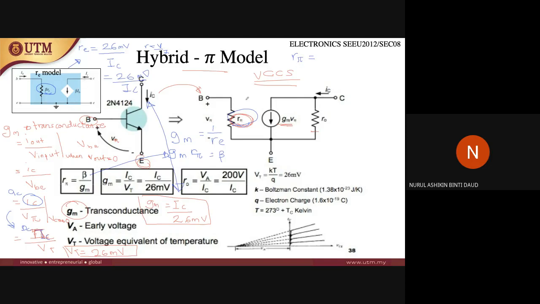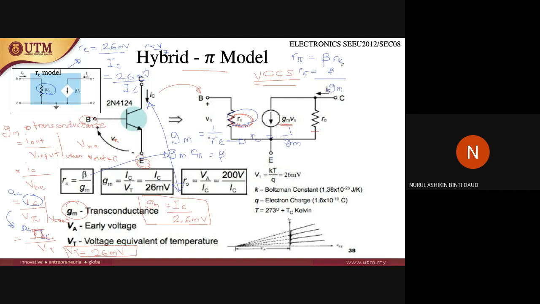Because we are comparing these two, r pi is equivalent to beta re, and it can be rewritten. Since re is equal to 1 over gm from here, r pi is beta over gm.